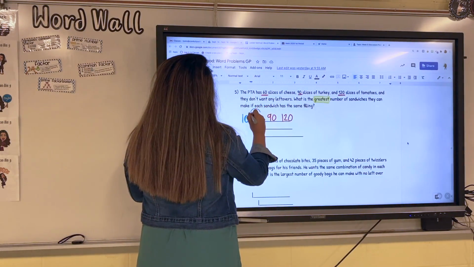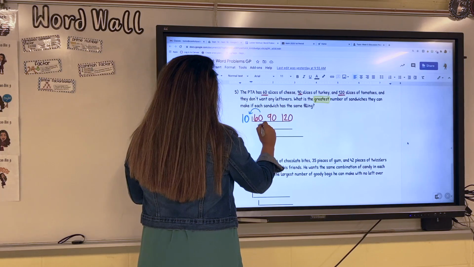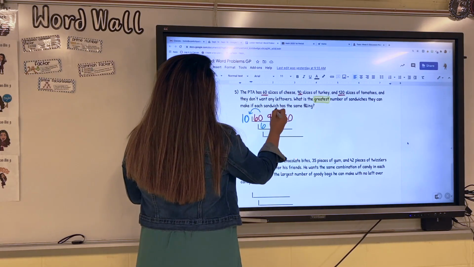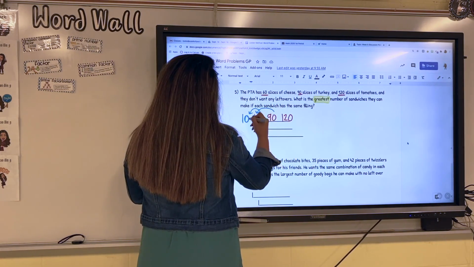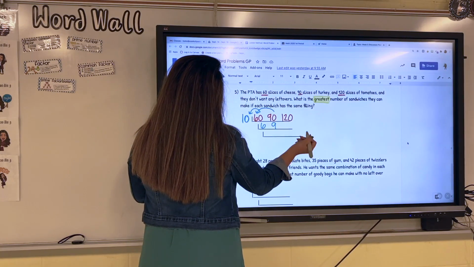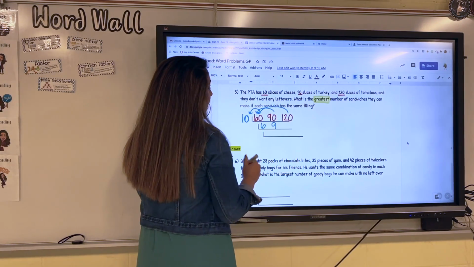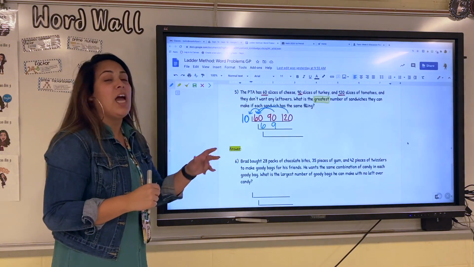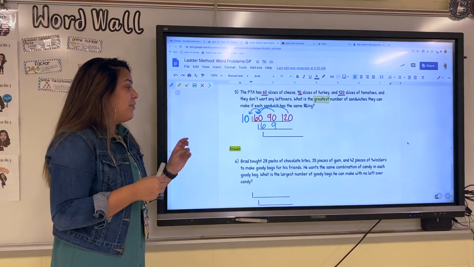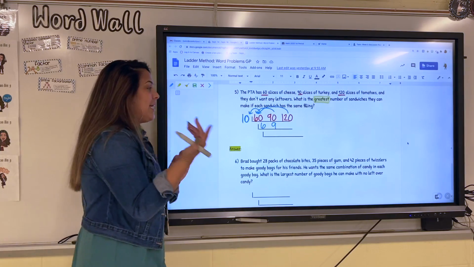So 60 divided by 10 is 6. 90 divided by 10 is 9. And 120 divided by 10 is 12.